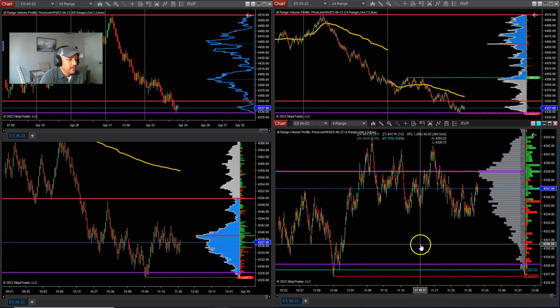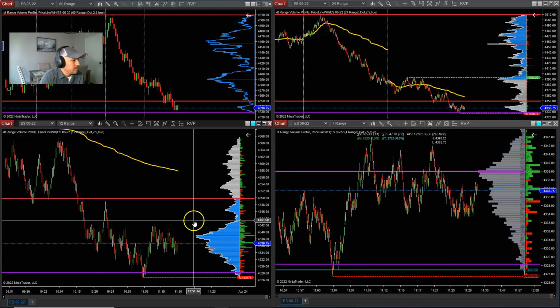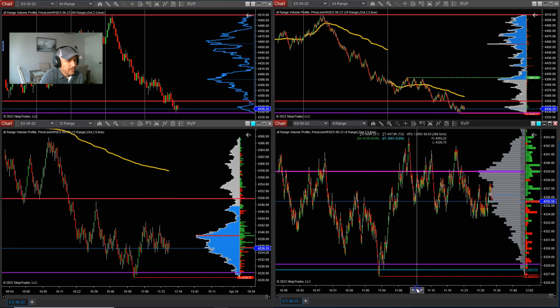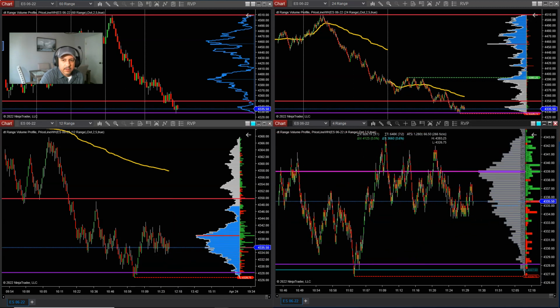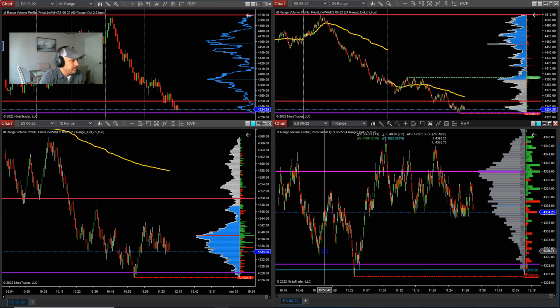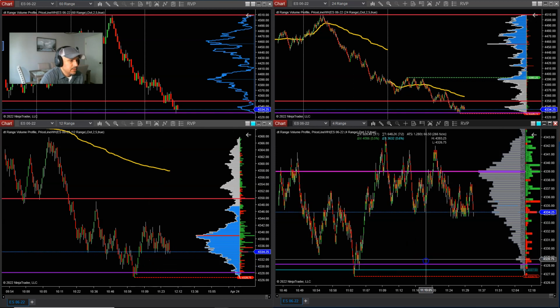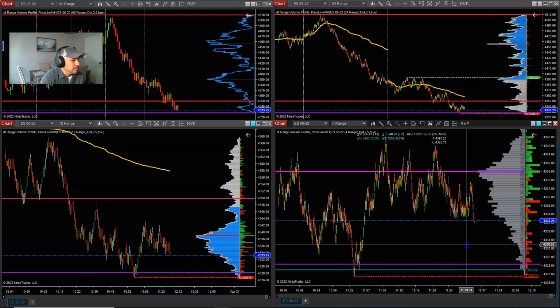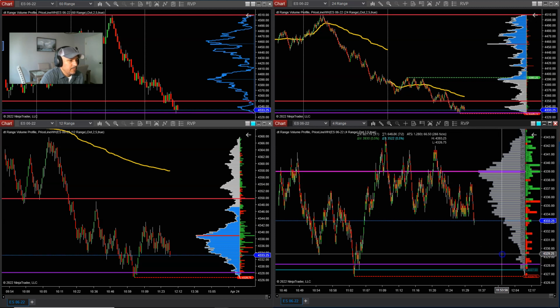Okay, let's see here. Yeah, market's moving sideways here. I'd like to see it come a little lower. Let's see what happens. It's chopping sideways.